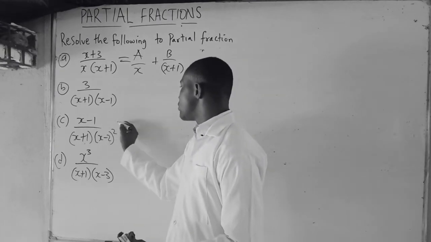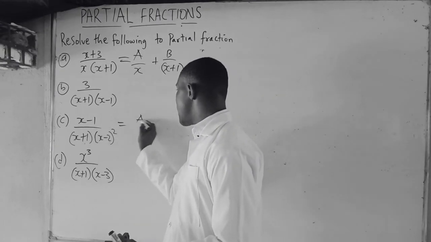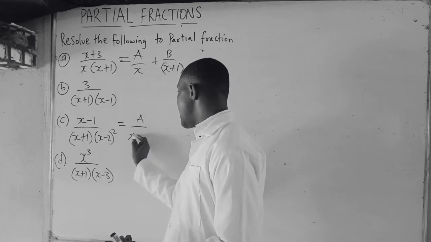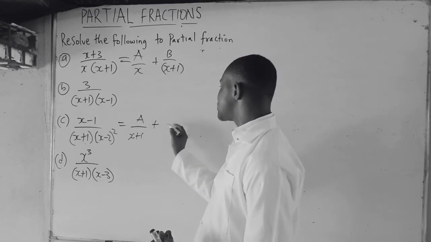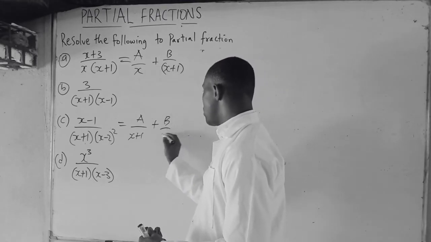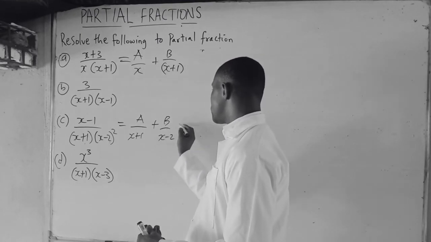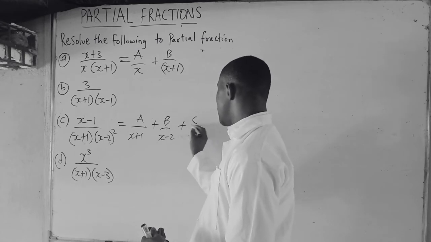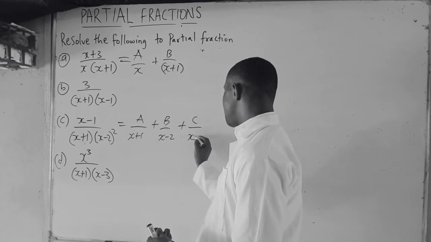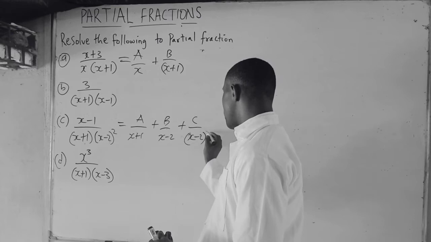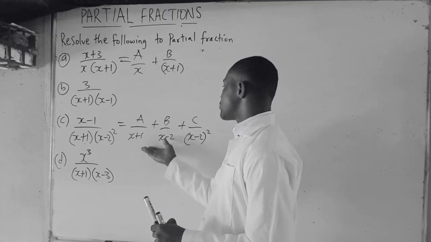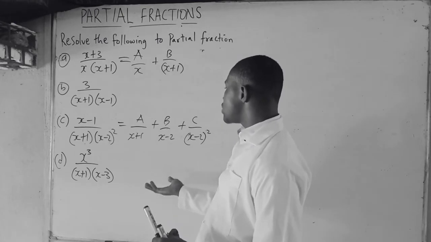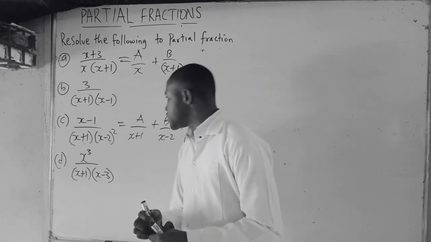So it will be in this form: a all over s plus 1, plus, this is a repeated linear factor, b all over s minus 2 plus c all over (s minus 2) raised to power of 2. Now, I will apply direct substitution and comparing the coefficient method.